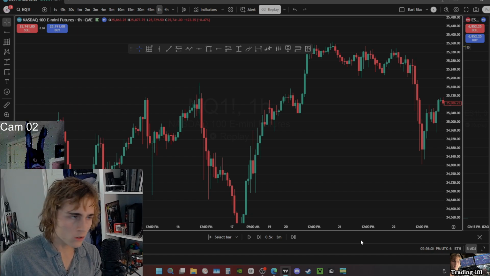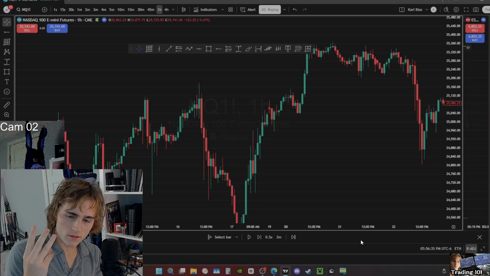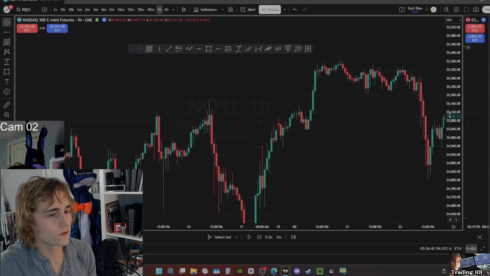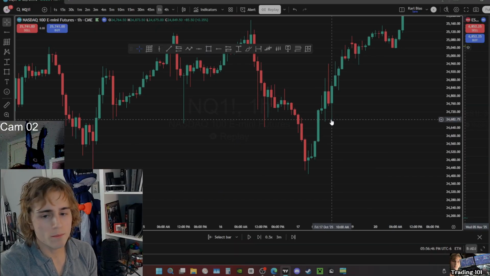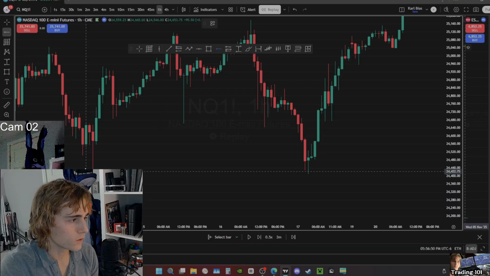Then I want you all to find 3 bullish liquidity sweeps and 3 bearish liquidity sweeps. A bullish sweep is a sweep that leads price to be bullish. For example, this one.